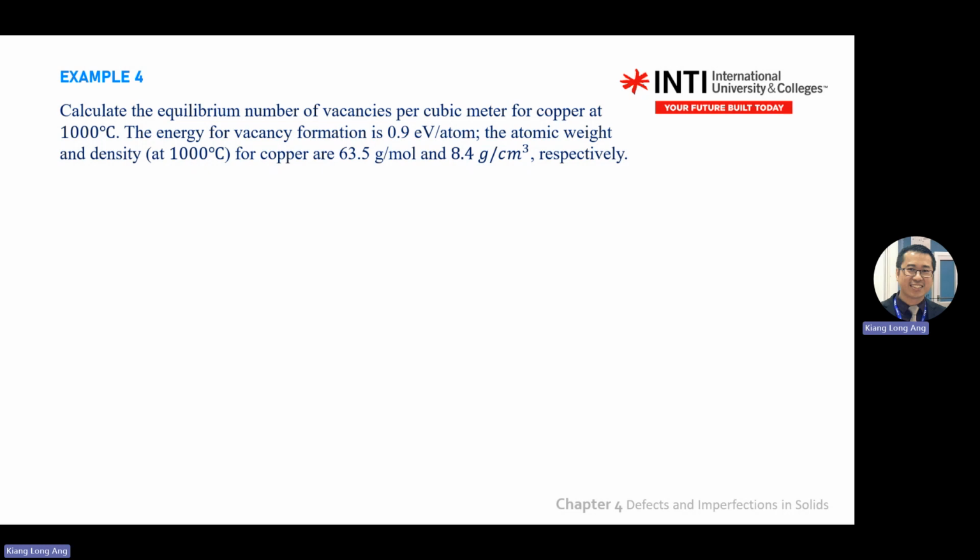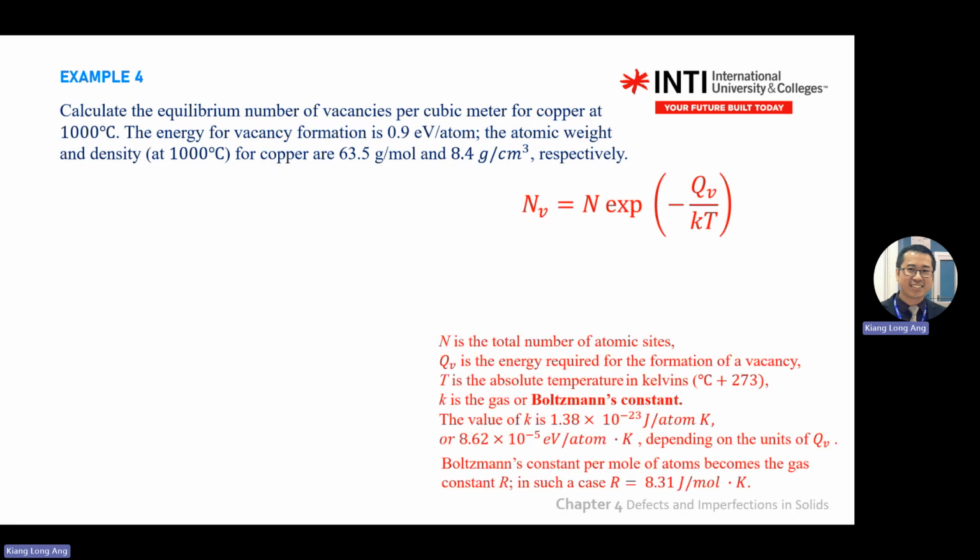The atomic weight and density are given. So atomic weight is 63.5 per mole, and the density is given. The k value in this case is not given, right? But you know there are two.